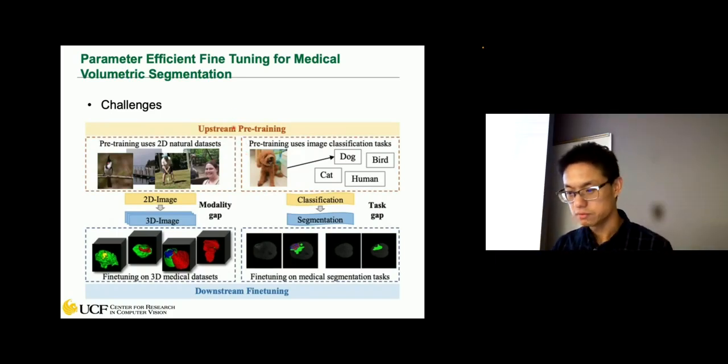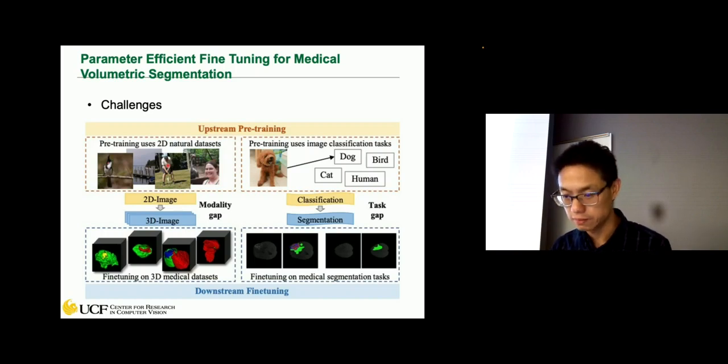The motivation for us is to address some of the challenges of using parameter efficient fine-tuning for medical segmentation. There are a couple of challenges here. One is that all these large-scale pre-trained models are usually pre-trained using 2D natural datasets, like ImageNet or COCO.